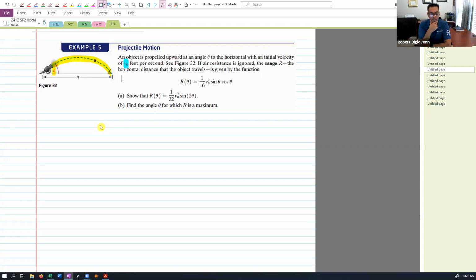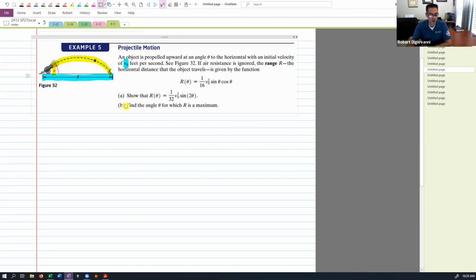So for this particular cannon, if air resistance is ignored, the range R, in other words the horizontal distance the object travels, is given by this function. If you want to know how far this cannonball is going to go, it will always be 1/16 times the velocity that the cannon was shot with squared, sine theta cosine theta. So they're telling you that, right?